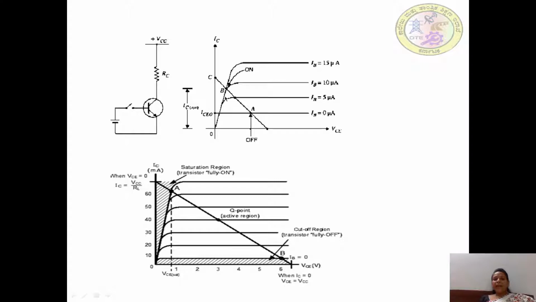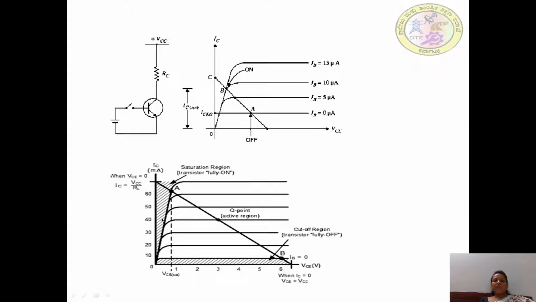Similarly, the graph for IB maximum on the DC load line, that intersecting point is the saturation point. So the area between these 2 points, the cutoff point and the saturation point, is the active region. The same thing is redrawn here.